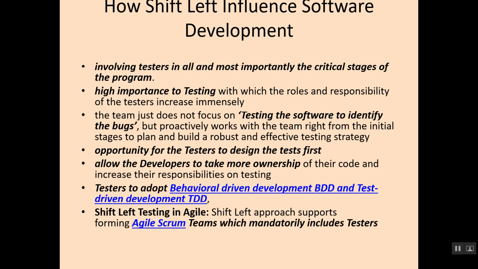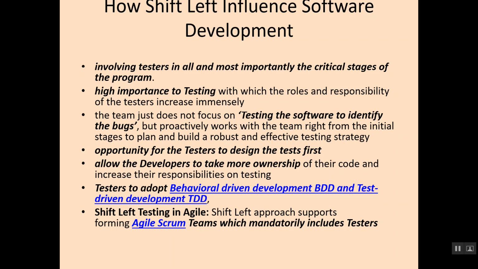Another point is that the team does not just focus on testing the software to identify bugs, but proactively works with the team right from the initial stage to plan and build a robust and effective testing strategy. And there are opportunities for the testers to design the tests first.